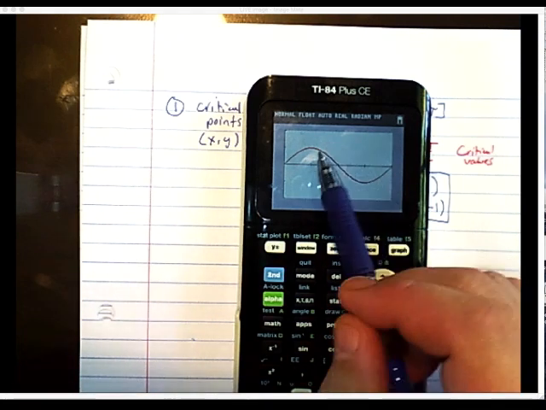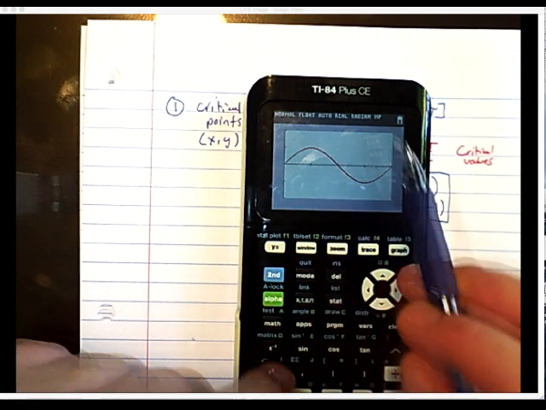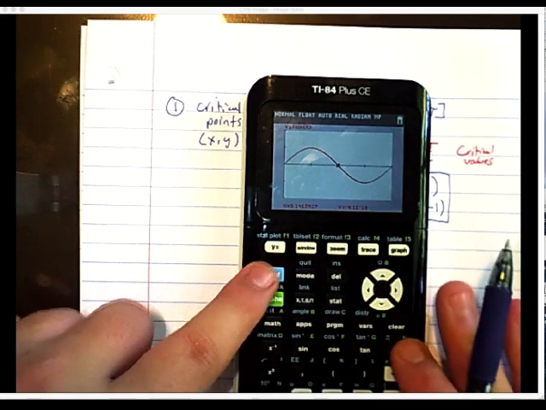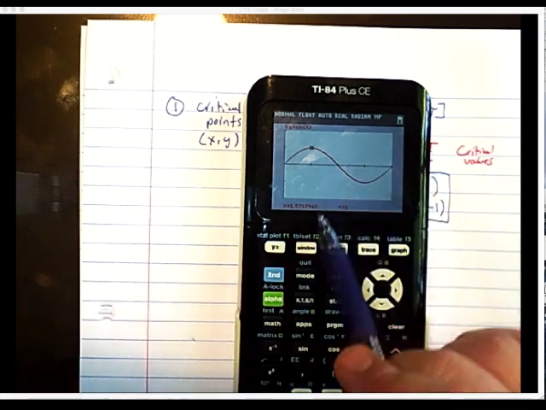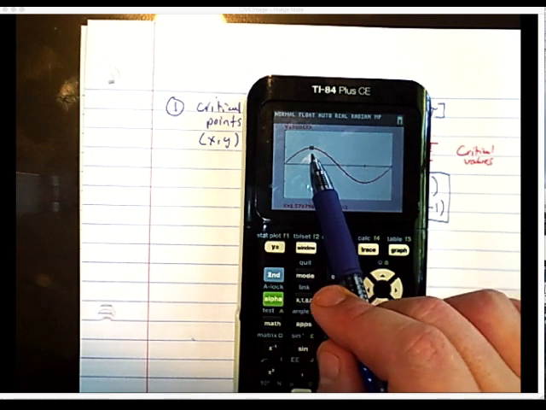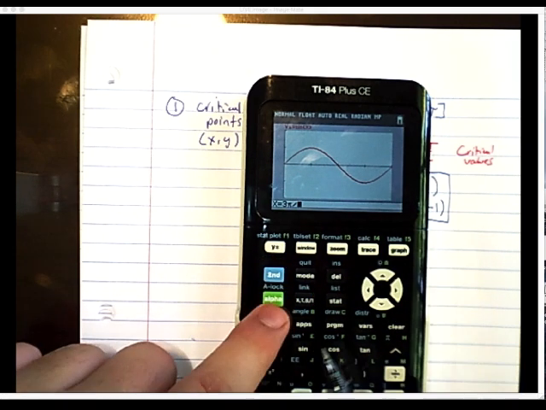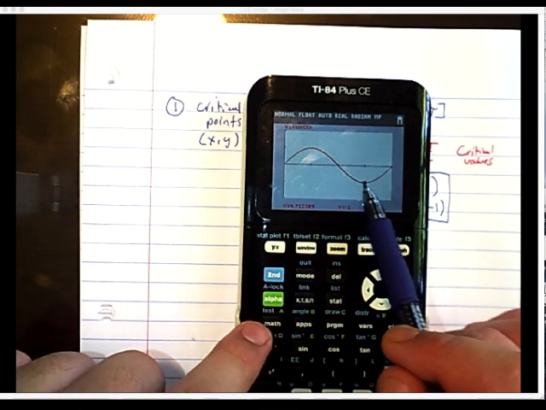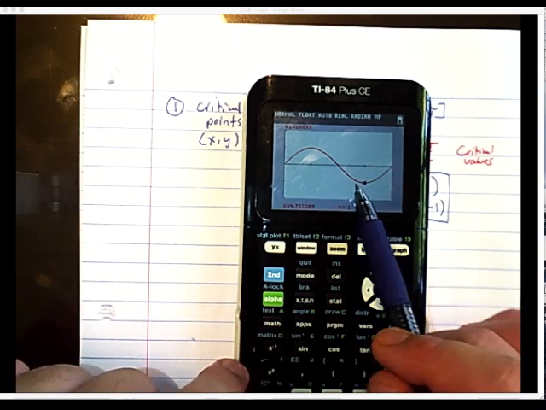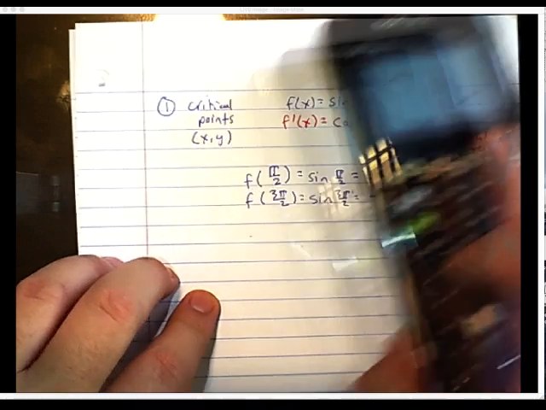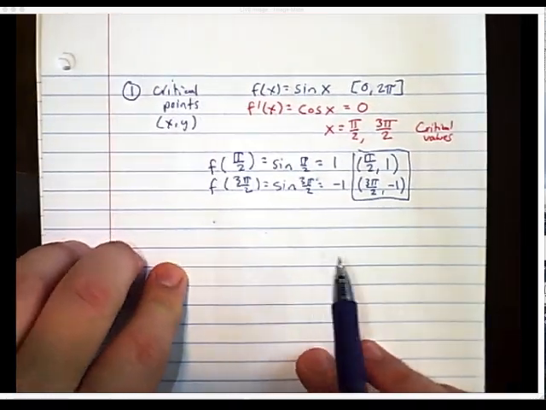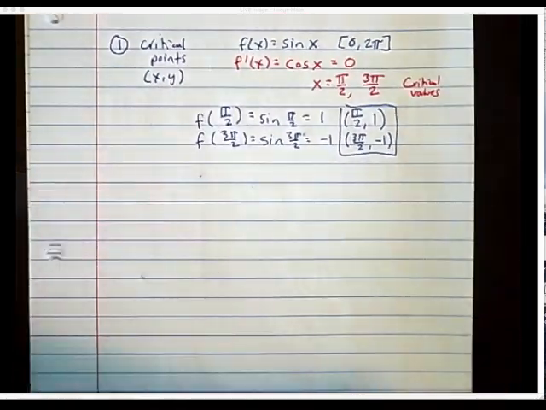Where is the derivative 0? Right there. If I hit trace at pi halves, what do you notice? Pi halves 1 is a critical point. The derivative there would be 0. And at 3 pi over 2, that's also a critical point because the derivative there is 0. Okay? Did this entire problem without using a calculator. All right.